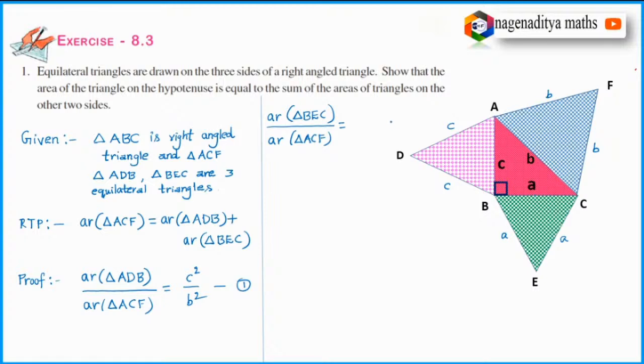So, therefore, this becomes A square by B square. So you can take any corresponding side because all sides are equal here. Okay, this is let it be number 2.